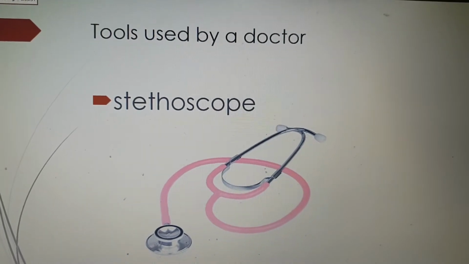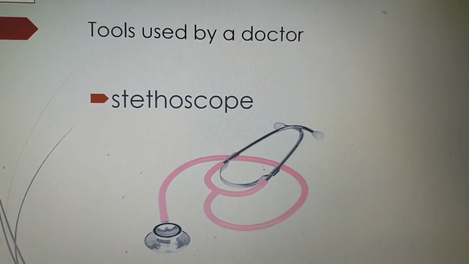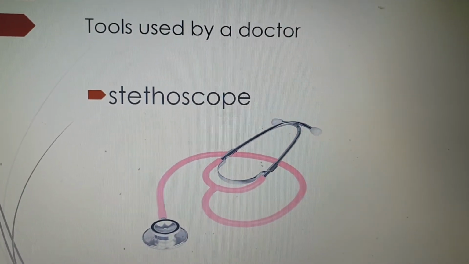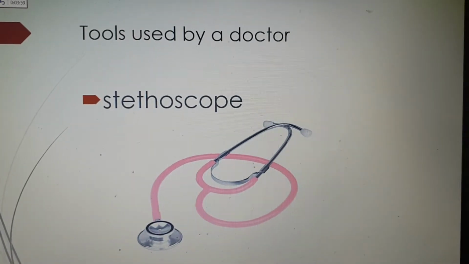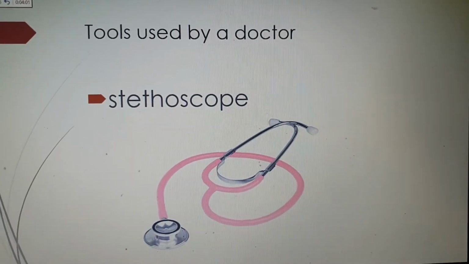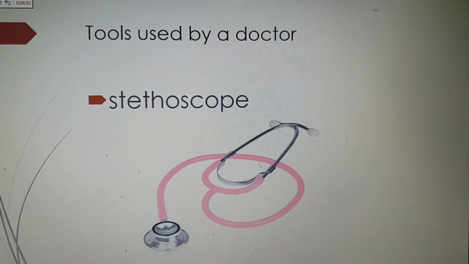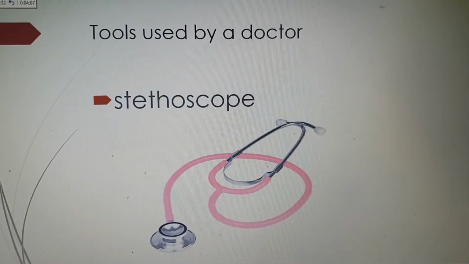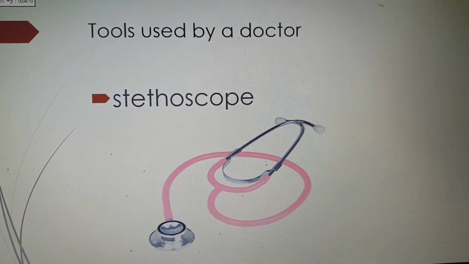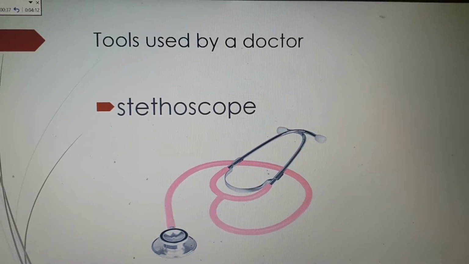Again, stethoscope. Say it after me: stethoscope. It is called a stethoscope. This is used to check the heartbeats, to see if you're breathing. This is what, when you go to the hospital, they place on your chest, right?